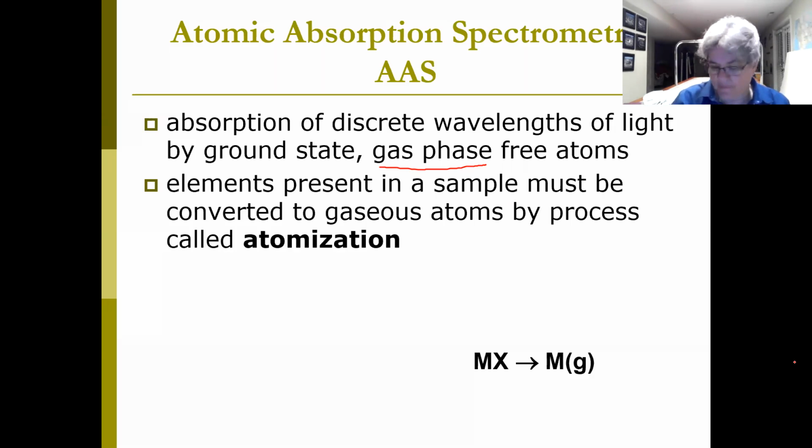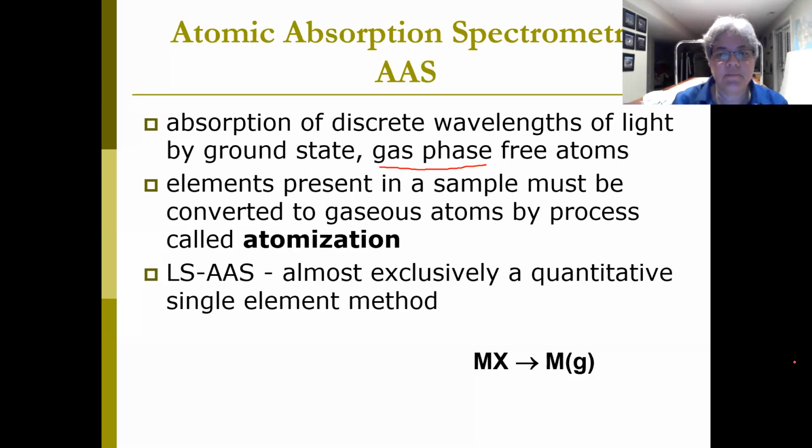Okay, as I mentioned, this method is almost exclusively quantitative. It answers the question, how much? It does not answer the question, what is it? One reason is this method is a single element method. This method can only measure one atom at a time.